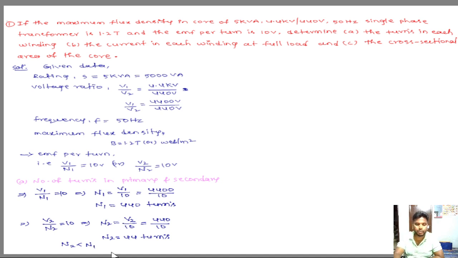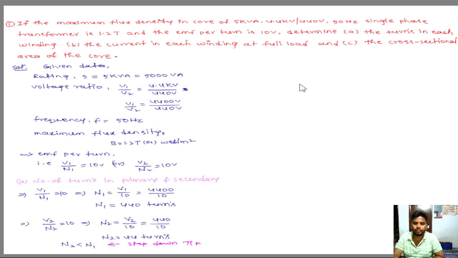Therefore, it is a step down transformer. From the voltage ratio also we can say it is a step down transformer, because the voltage in the primary winding is high compared to the voltage in the secondary winding.